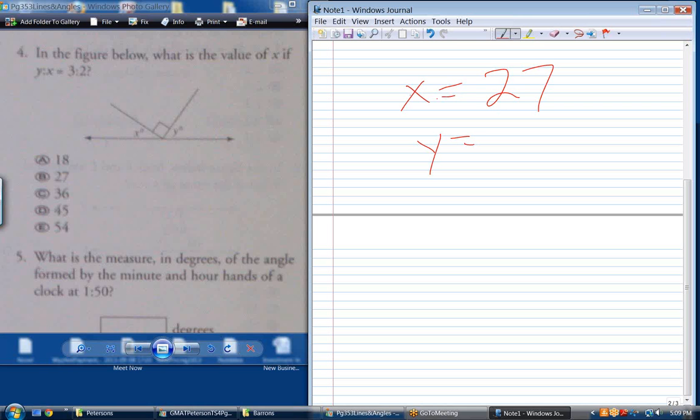We know x plus y is 90, so if x is 27, what would y be? 63, sorry. They have to add to 90. Is that a 3 to 2 relationship? No. Do we need to make x bigger or smaller?